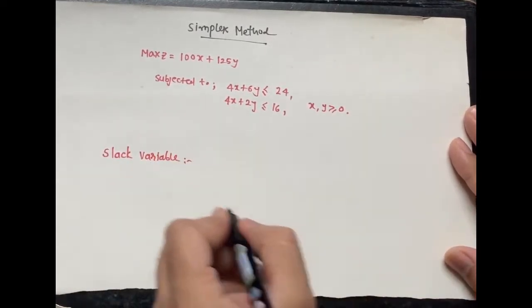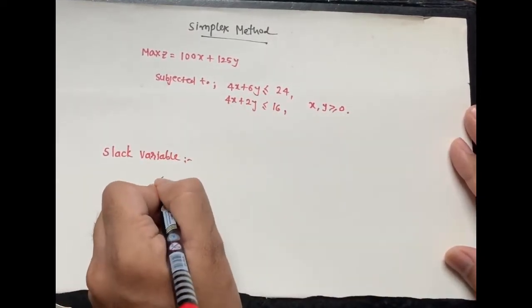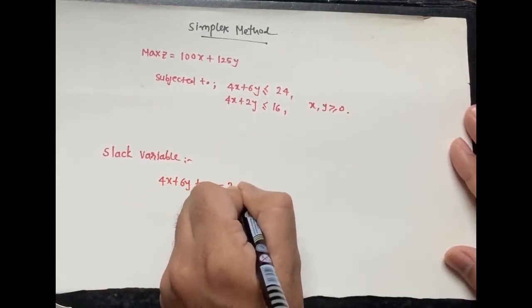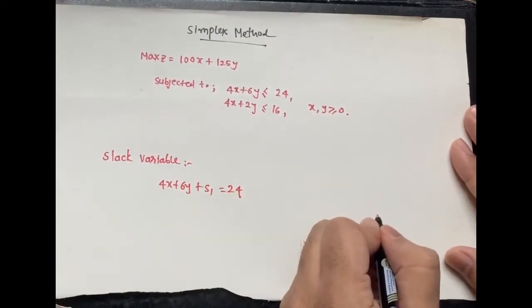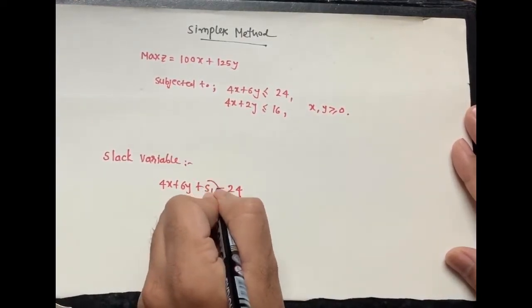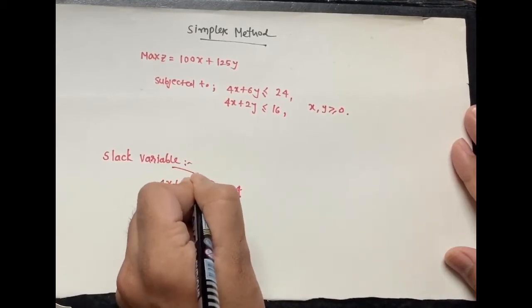What is the slack variable? If I rewrite this equation as 4x plus 6y plus s1 equals 24, in this equation this s1 is my slack variable.